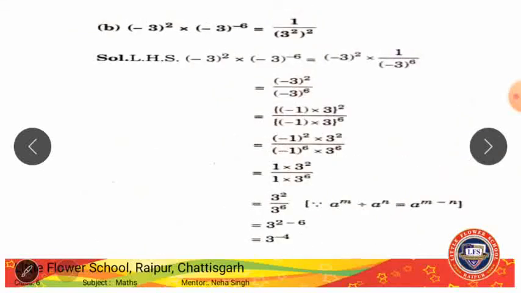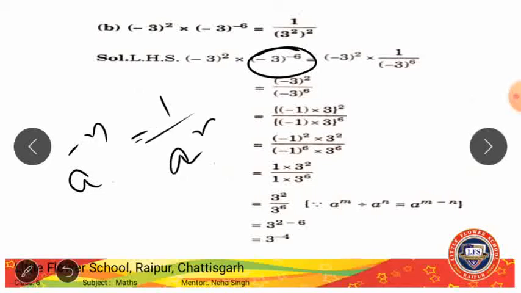Okay, next again LHS will solve and RHS will solve. Coming to the LHS, see here it is negative power. We have studied something for the negative power. What will it be? It will be the reciprocal. We have studied a power minus n equals to 1 upon a power n.